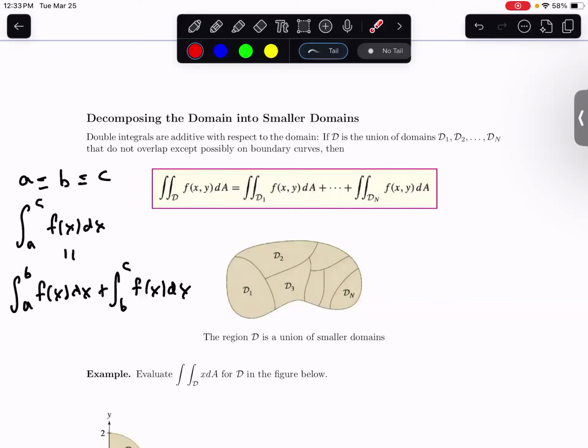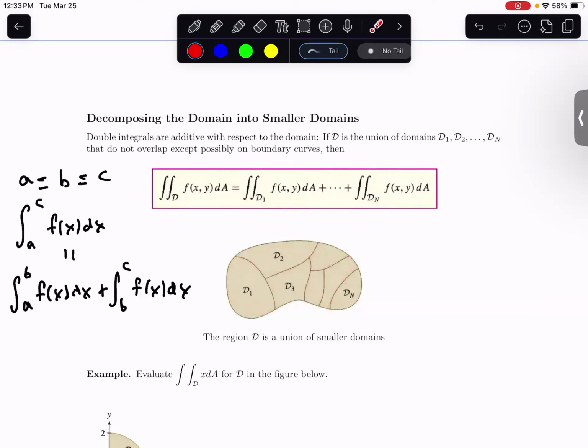So if you look at this picture, what we're going to be able to say is that the integral over the entirety of this region D, which is represented by this double integral here, is the same thing as doing the double integral over D1, plus the integral over D2, plus the integral over D3, plus the integral over D4, D5, however many partitions you want to use, right?